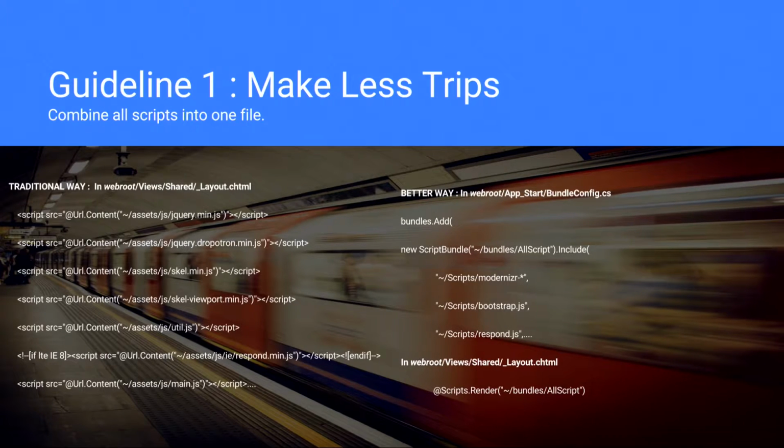And then in my layout page, my master layout page, or you can do this in an individual page, I use this command here, @scripts.render, and I put in the same name that I put here. That will give me a single script tag that will download all these as one file. So that reduces my HTTP requests.